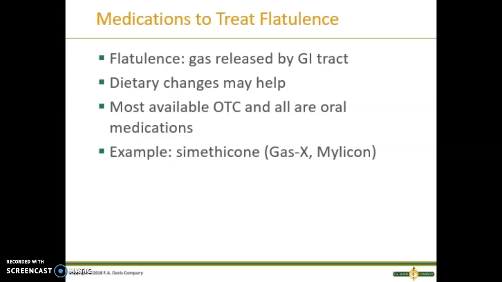And some examples of the antiflatulants we're looking at are Gas-X or Mylicon. And Mylicon is the over-the-counter product that relieves the discomfort of infant's gas that is frequently caused by swallowing or certain formulas or food. So we see the Mylicon used in infants.